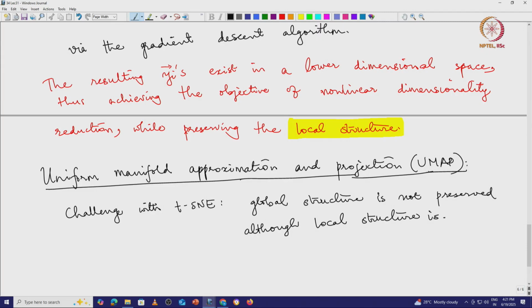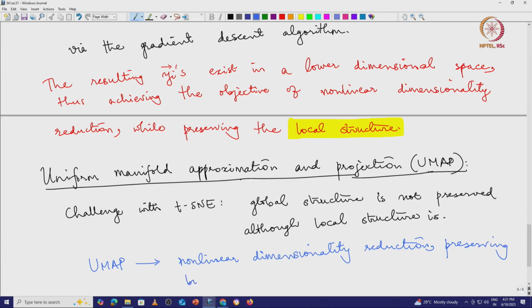So that is where UMAP comes in, which tries to preserve both local and global structure. So this is nonlinear dimensionality reduction preserving both local and global structure.